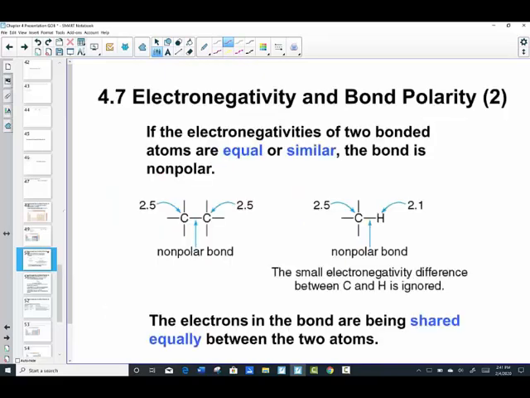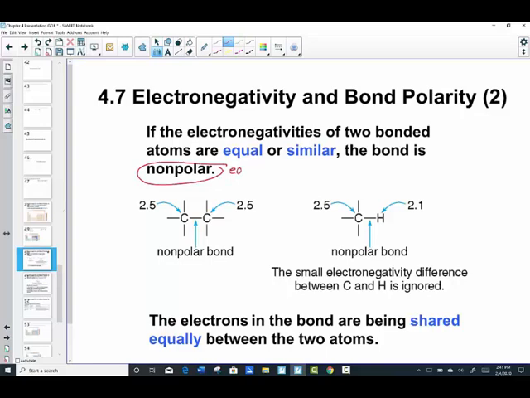Well, these electronegativity values are used to determine the distribution of electrons in a shared pair called a covalent bond. So if the electronegativities of two bonded atoms are equal or similar, the bond is said to be non-polar.